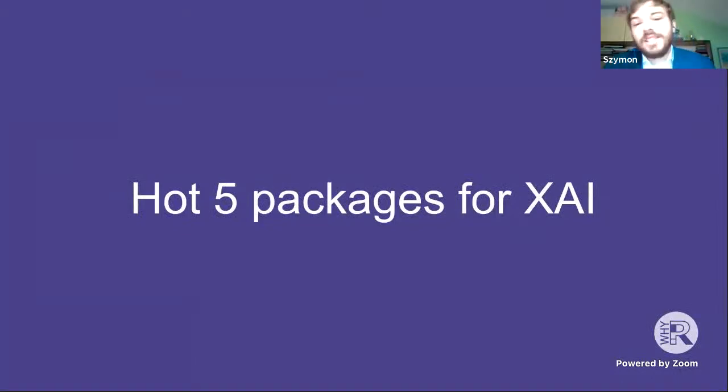Okay, so as Alicia has mentioned, we've dug through a lot of R packages for XAI, and today we would like to show you 5 of them we consider hot.